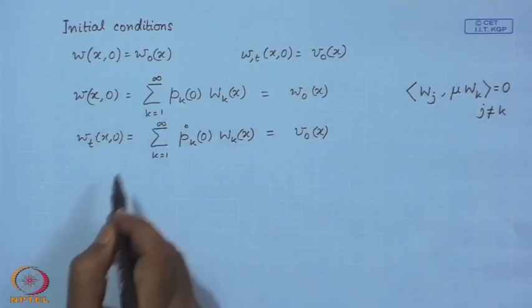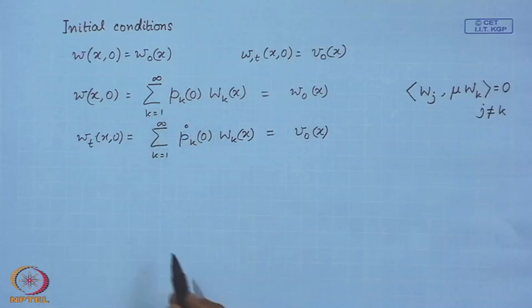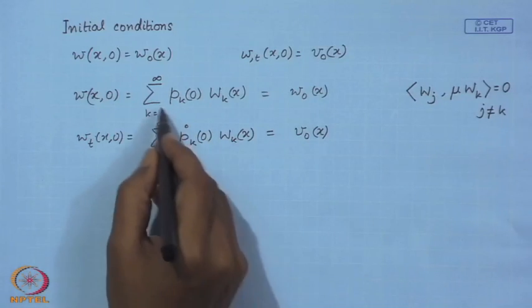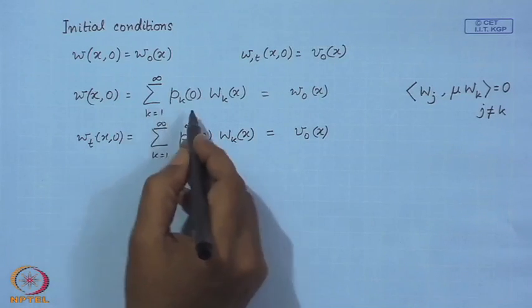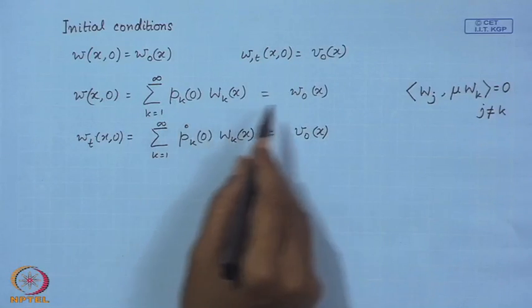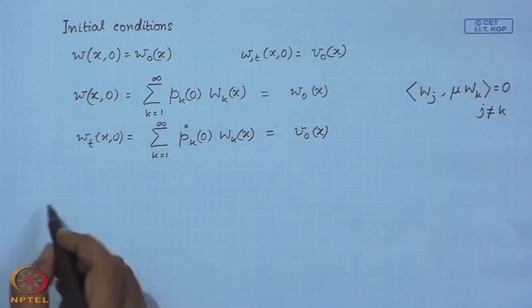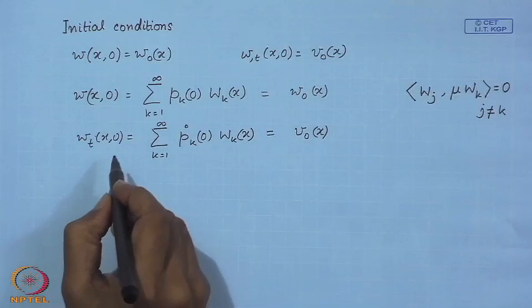Therefore, what we must do to solve these coefficients in a straightforward manner is multiply both sides with mu and w j and integrate over the domain of the problem.